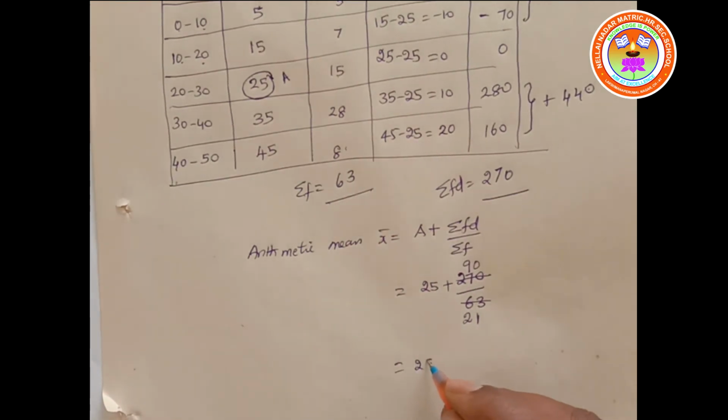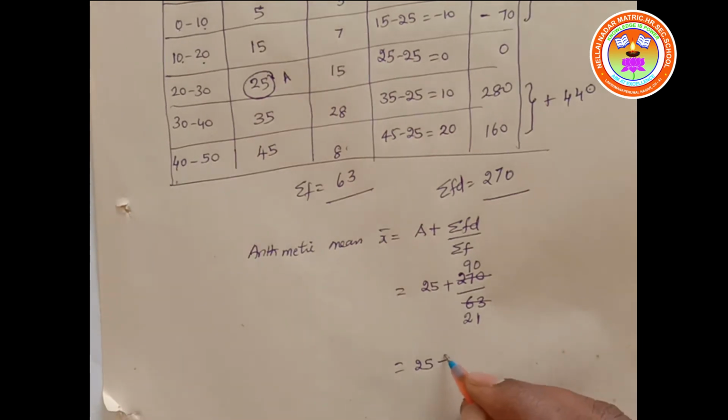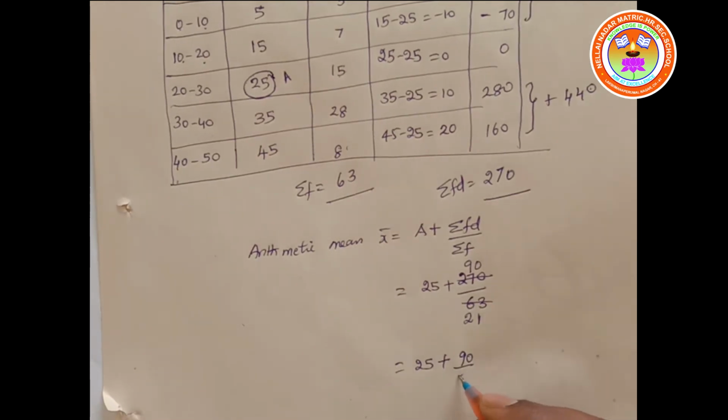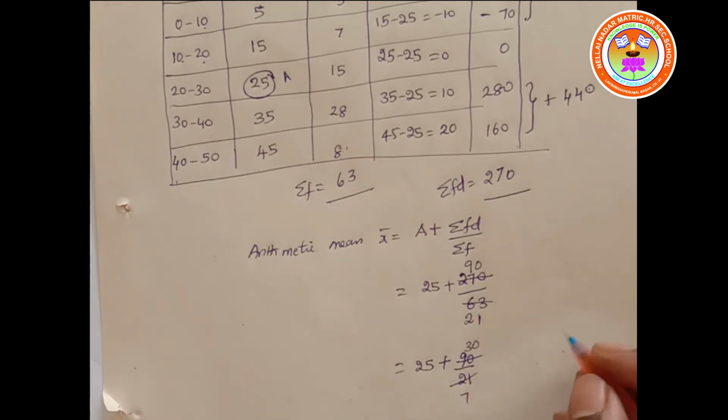25 plus 90 divided by 21, 3 7s are 21, 3 30 times, right?